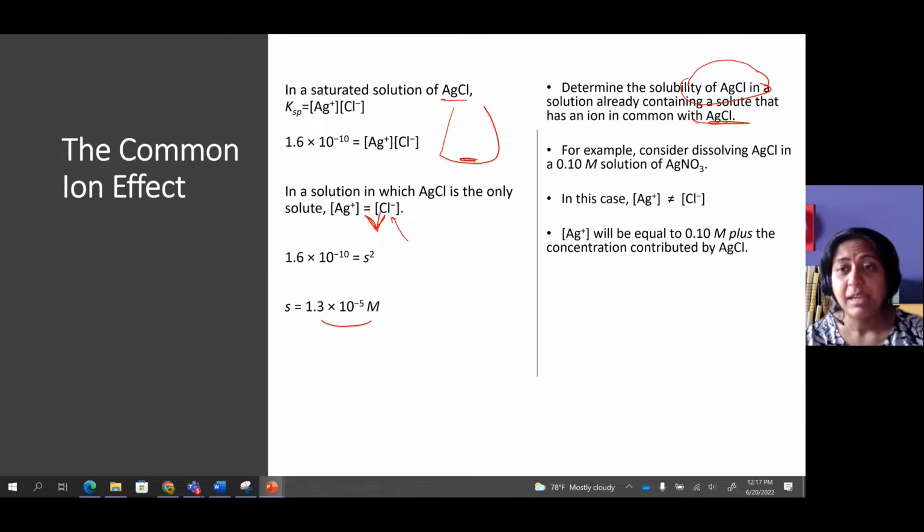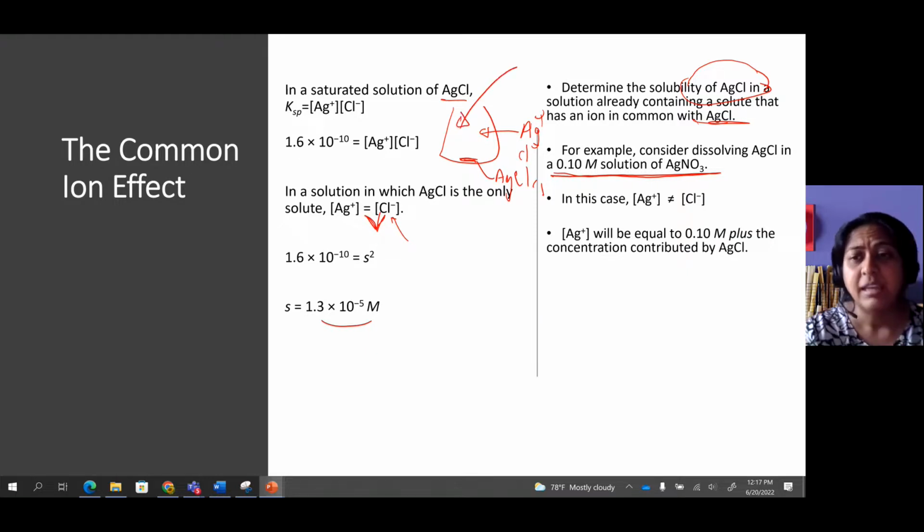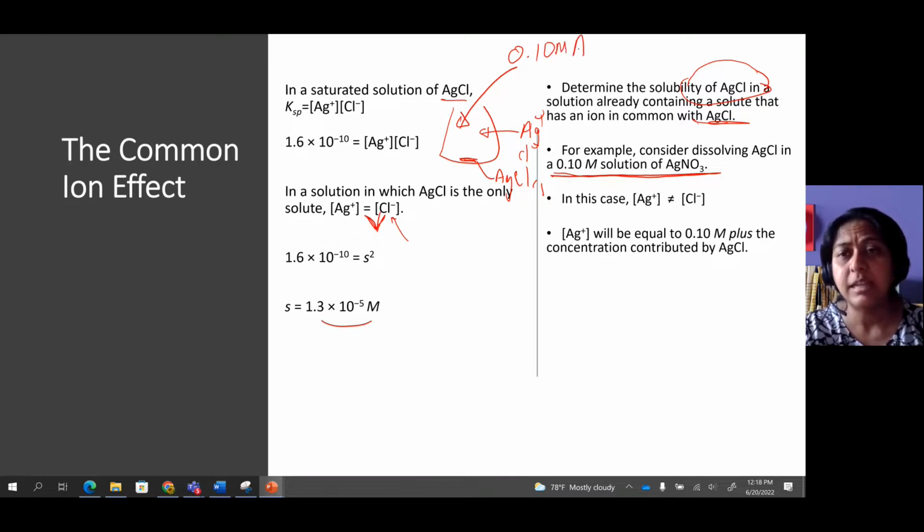As an example, now we're going to add a 0.10 molar solution of silver nitrate to that silver chloride solution. This is silver chloride, silver ions and chloride ions, and this is the silver chloride precipitate. And from another source, you add the 0.10 molar silver nitrate solution.